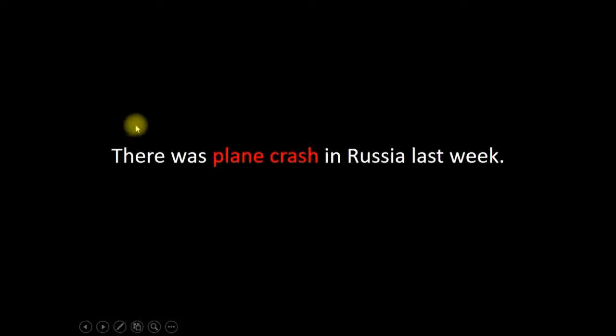So what do we know about singular countable nouns? It means we need some type of determiner or article. So there was a plane crash in Russia last week. So remember that crash is countable, so when we use it in the singular, we'll need some type of determiner.